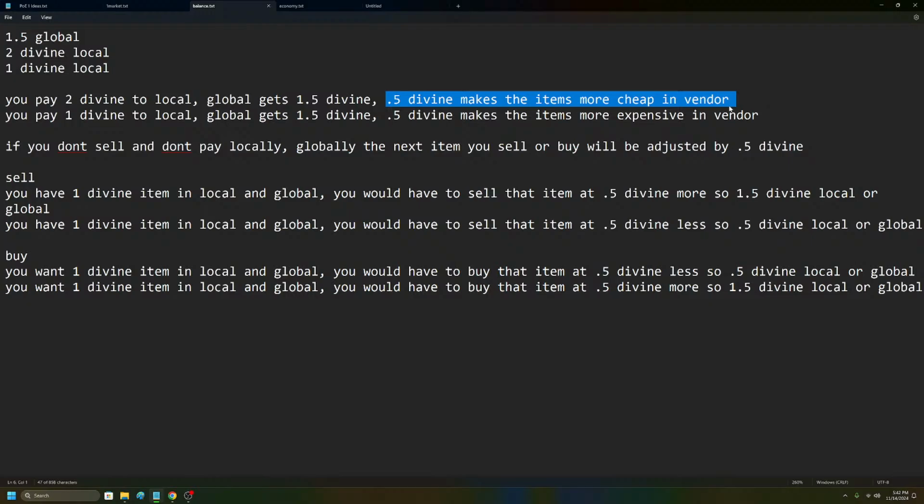And as soon as they do that, now they've essentially paid 2 divine for this item that they have.